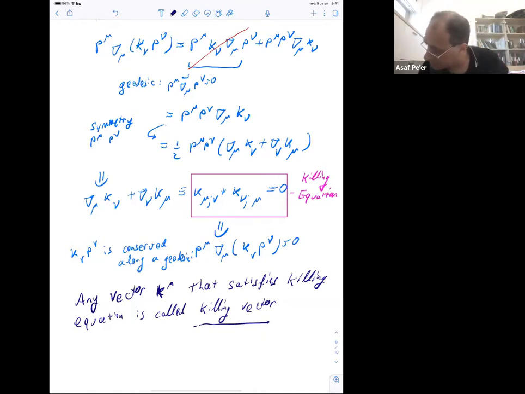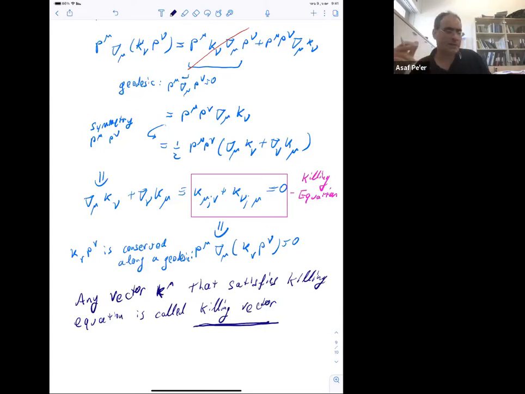Now, of course, as we already demonstrated, if we have a metric and we write it in a form which is independent of some coordinate x sigma, then the vector d sigma is going to be a killing vector. But it's not necessarily the case. If a vector, the converse is true, right?